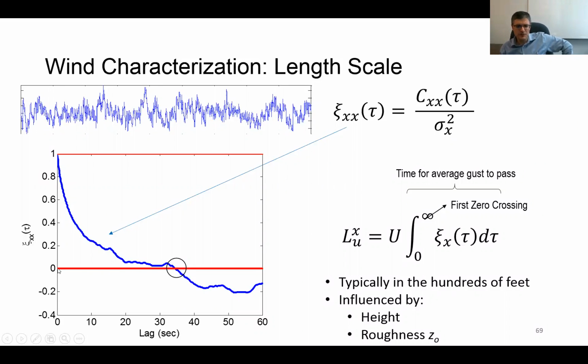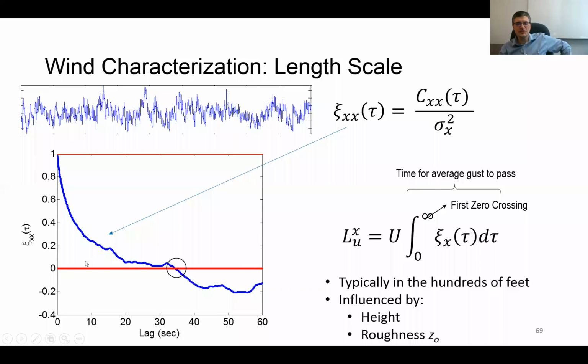The horizontal axis here is the lag, that tau value, and the vertical axis is the degree of correlation. When tau is 0, the wind speed is perfectly correlated with itself at that same instant. And 10 seconds later, it still has some correlation. By the time you get out to 35 seconds or so, there's not much relationship between what's happening now and 35 seconds ago.